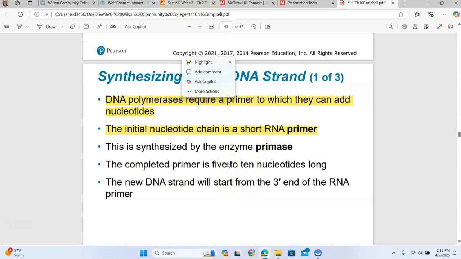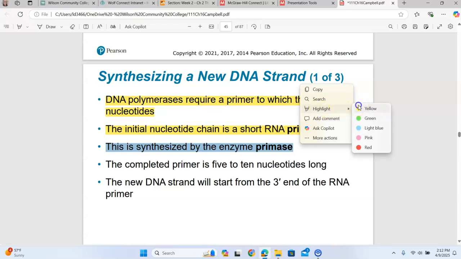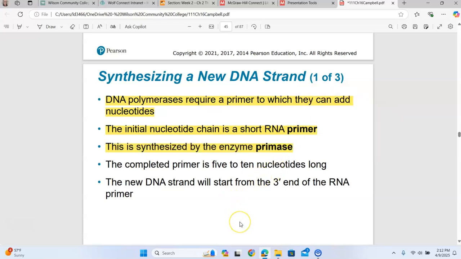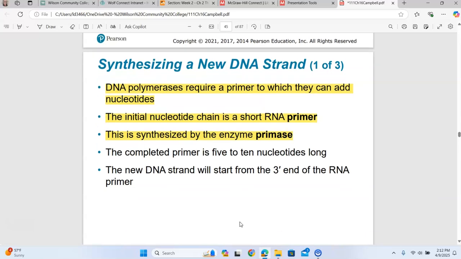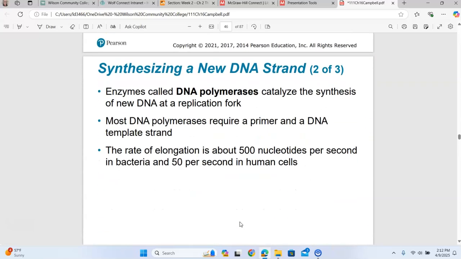And the enzyme primase catalyzes that reaction, the binding of the RNA primer to the old strand of DNA. Okay. So then the new DNA strand will begin, and DNA polymerase is the enzyme that will add nucleotides to the old strand to make a new strand.